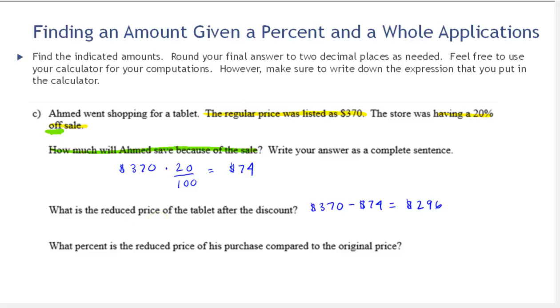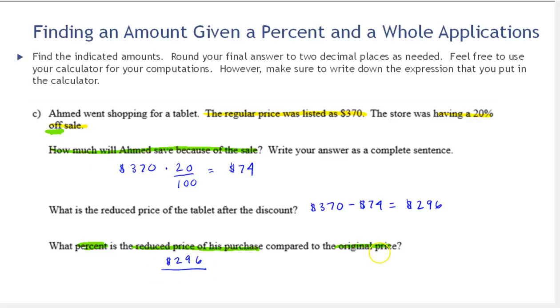Now we're asked to find what percent is the reduced price of his purchase compared to the original price? And we're asked to find that as a percent. So first we find this as a ratio, and then we write it as a percent. So the reduced price is $296.